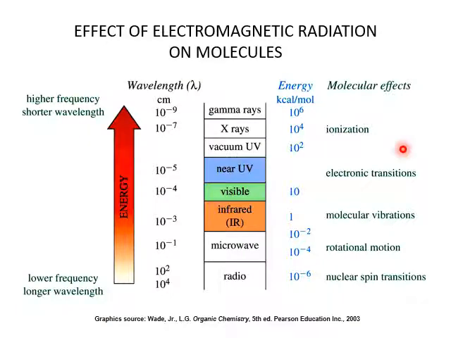From low energy to high energy, we have different electromagnetic radiation: radio waves, microwave, IR, visible, near UV, vacuum UV, X-ray, and gamma ray. Each of them will have a different effect on a molecule.